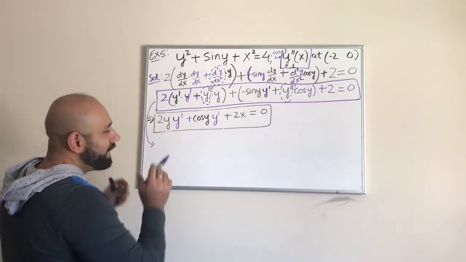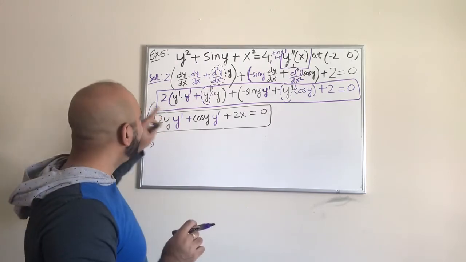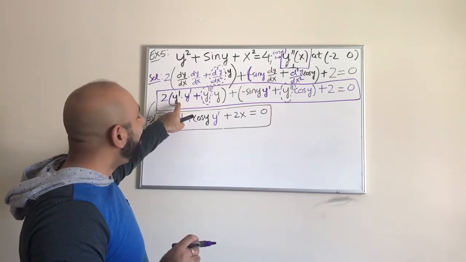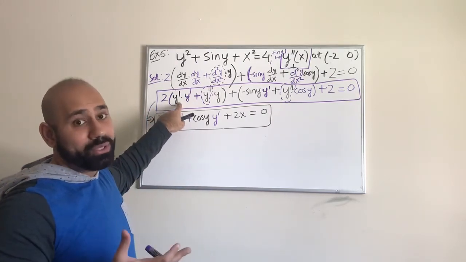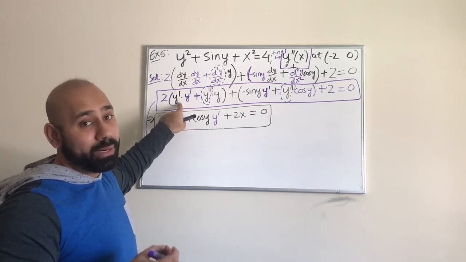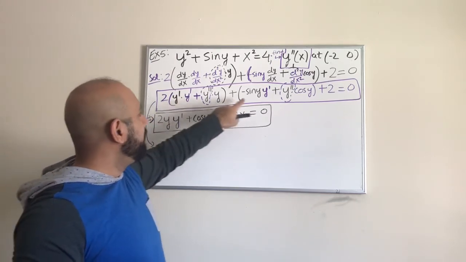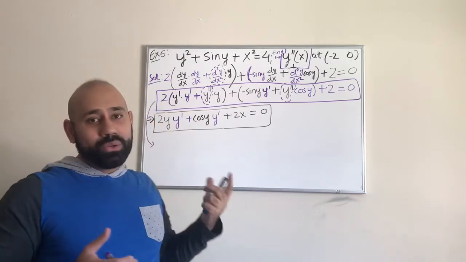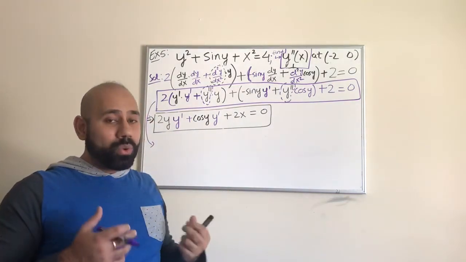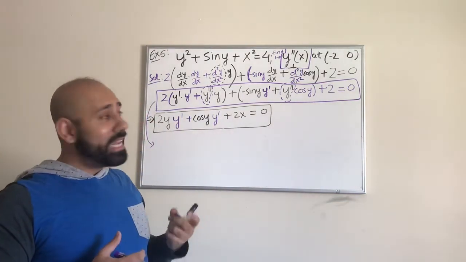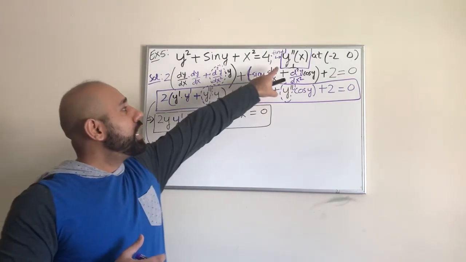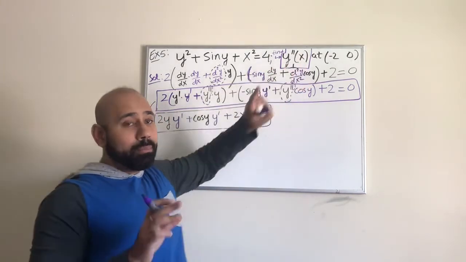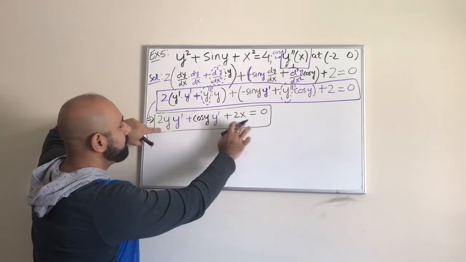As soon as I decide to do that, guys, what I realized was, hey, I also need to substitute the values for y double prime here and then here again. So I still need to substitute y double prime. Do I have the y double prime value at x equal to -2? I don't, it's not provided to me. But guys, I have this equation, right?